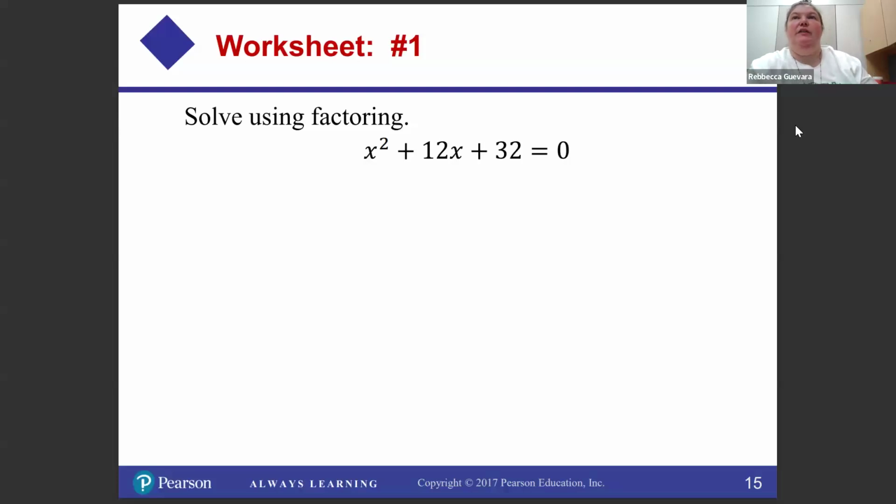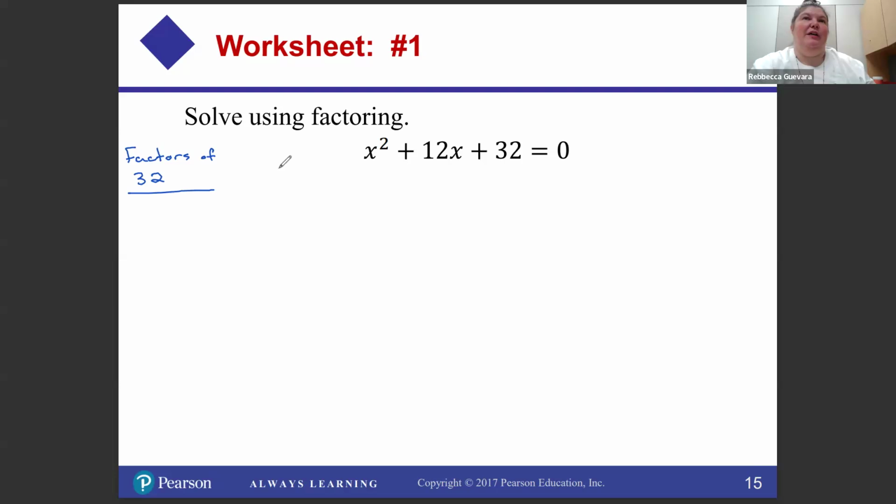All right, so working on this one. There we go. So this one, we don't have to try to solve it so it is equal to 0. It already is. We just have to factor. So this one, we just need to find factors of 32.